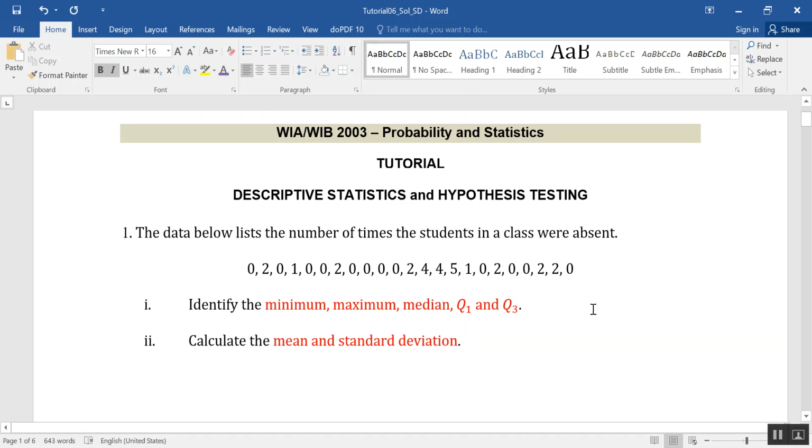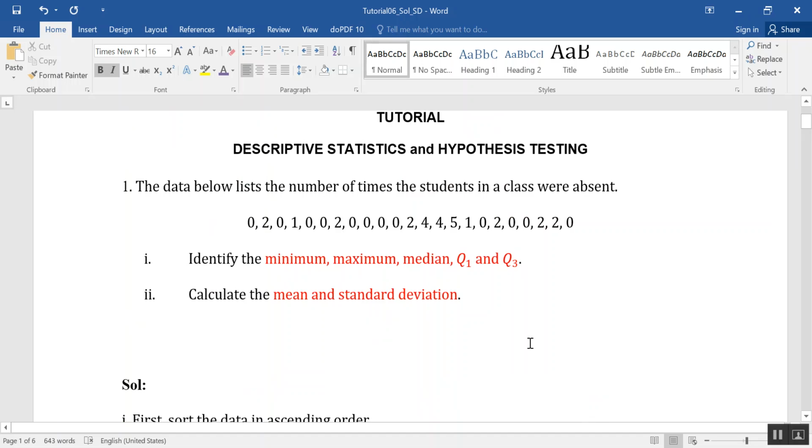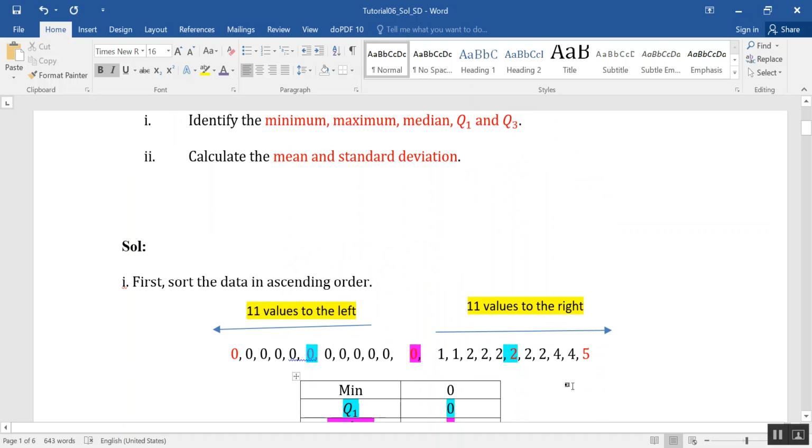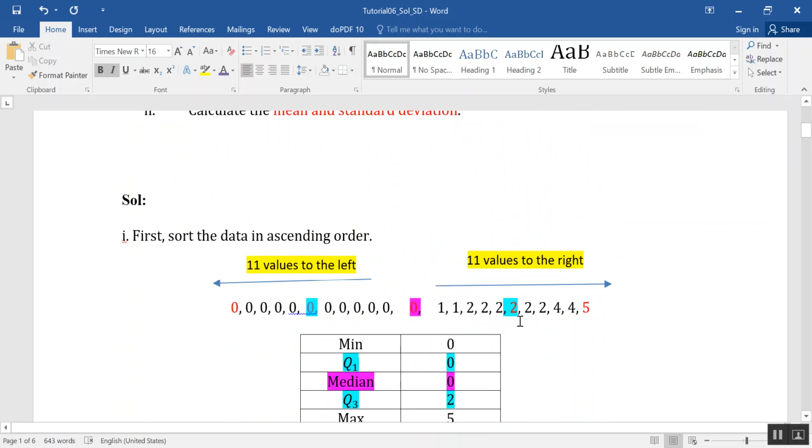First, when you're given values like this, you have to arrange them in increasing order, which is ascending order. I have arranged the data from the smallest, 0, until the largest number here, which is 5.